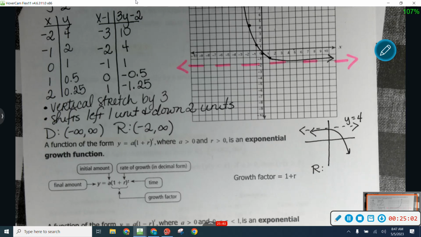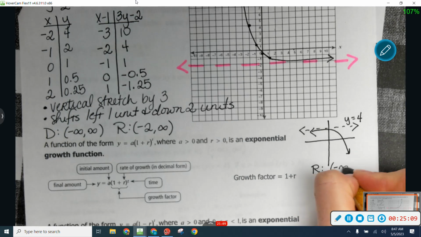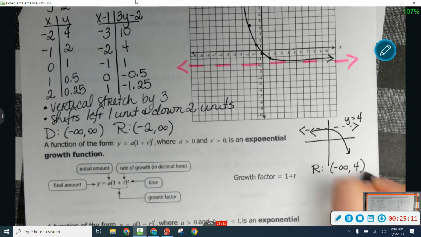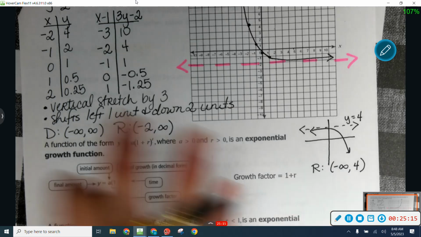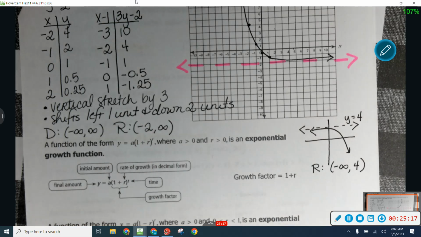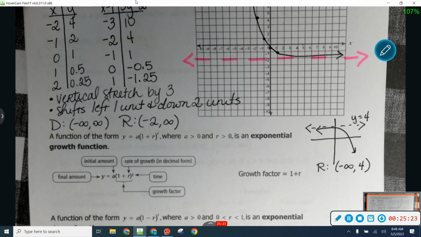And it is not 4 to negative infinity because range technically is from bottom to top. So you're going from negative infinity all the way up to 4, but you don't go past 4. That isn't an example in the notes, so I want to make sure you understand what that range would look like. Alright, questions on the graph?